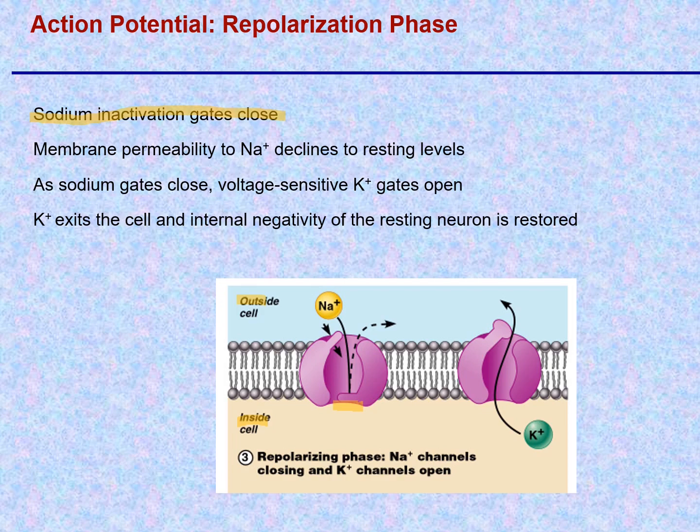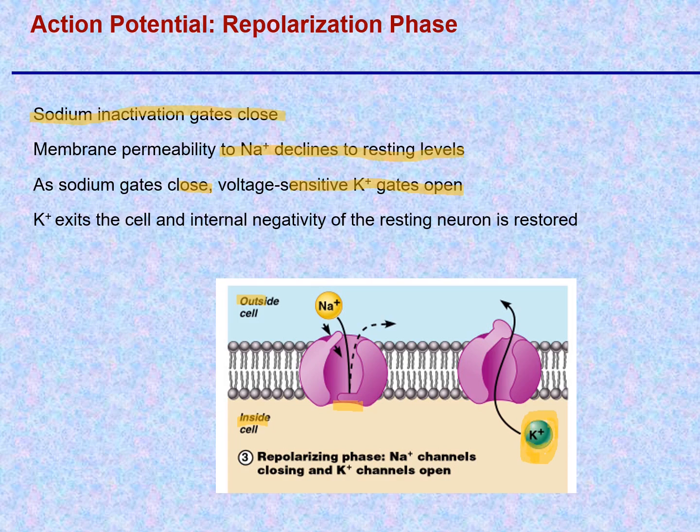Suddenly the permeability of the membrane to sodium declines back to the resting levels. And now, as those sodium gates closed because of the inactivation gate, voltage-sensitive potassium gates open. And now potassium rushes out.